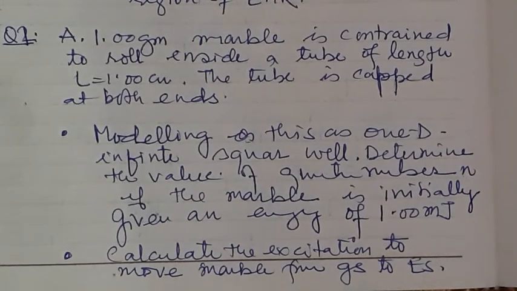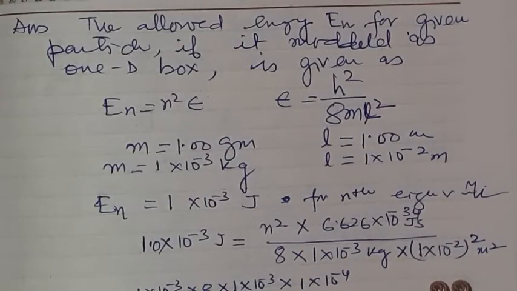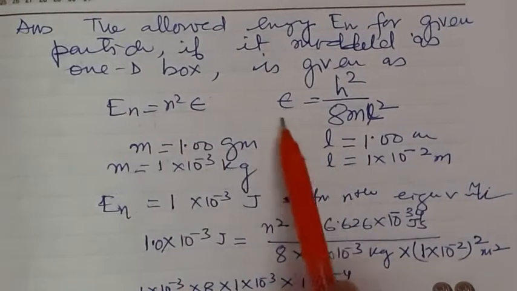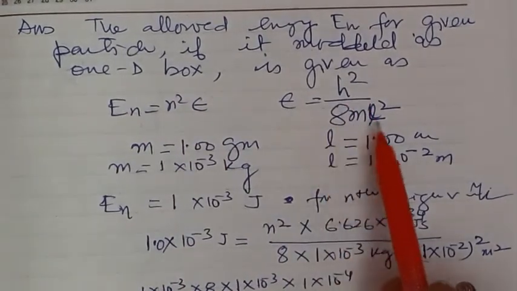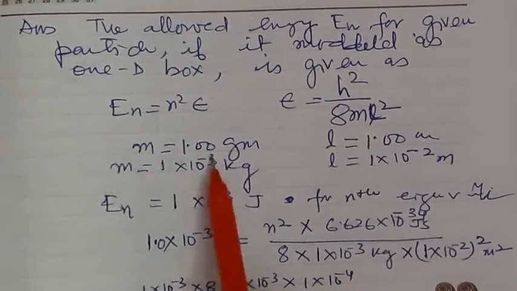As the problem suggests, you model this as the one-dimensional infinite square well potential. So the energy corresponding to the marble is given by En equals n square epsilon, where epsilon is h square over 8 m L square, where m is the mass of the marble, given as 1 gram.